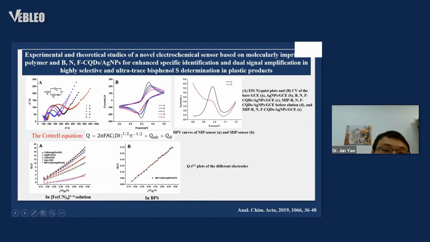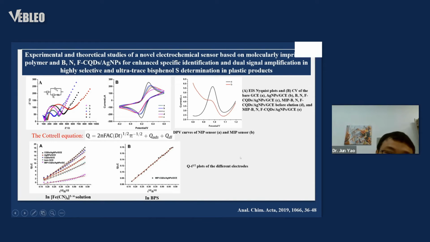According to the related equations, we can calculate many parameters such as peak number, electron number, active area of electrode, diffusion coefficient.